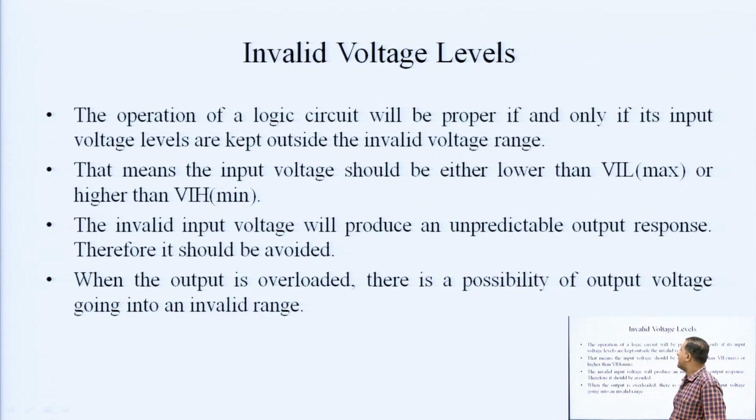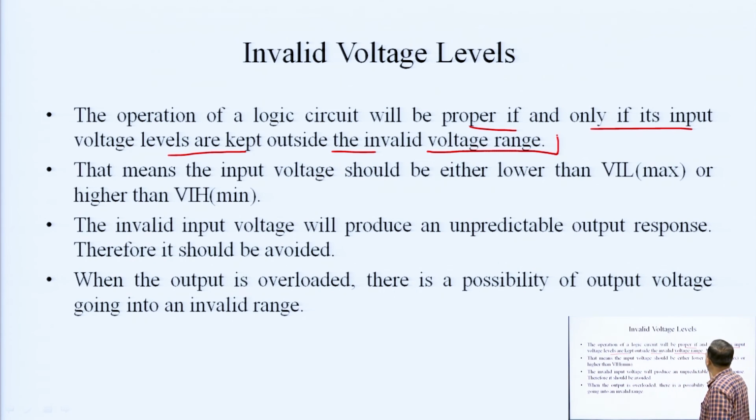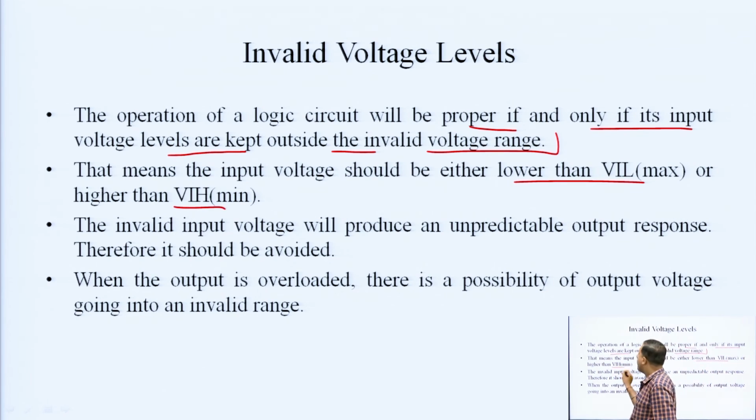The next parameter is invalid voltage levels. The operation of a logic circuit will be proper if and only if its input voltage levels are kept outside the invalid voltage range. This is a very important point. That means the input voltage should be either lower than VIL or higher than VIH.